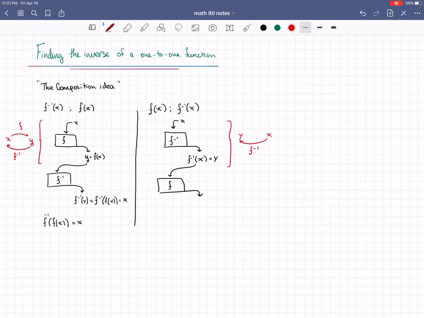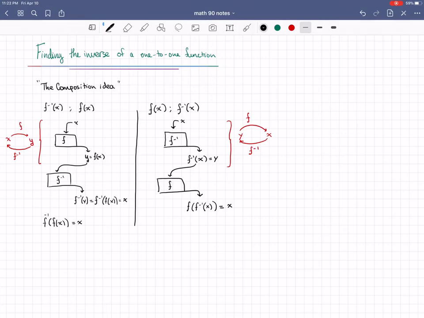So if f inverse is sending x to y, that must be because f sends y to x. So sure enough, when y is now going to drop into f and f is going to act on it, what's going to come out? So of course, this is f of f inverse of x. That's good old composition. But once again, that is x.